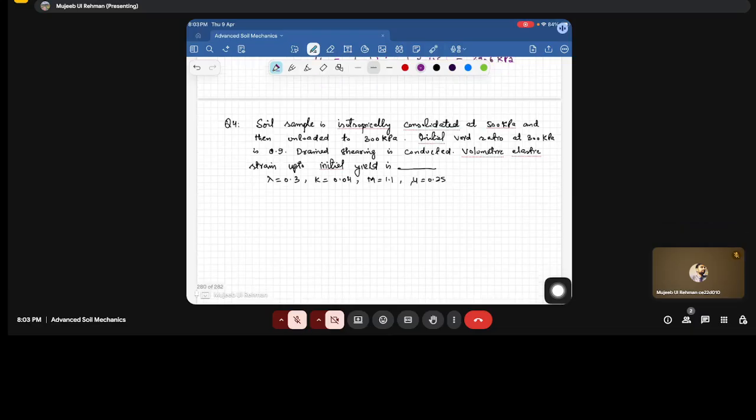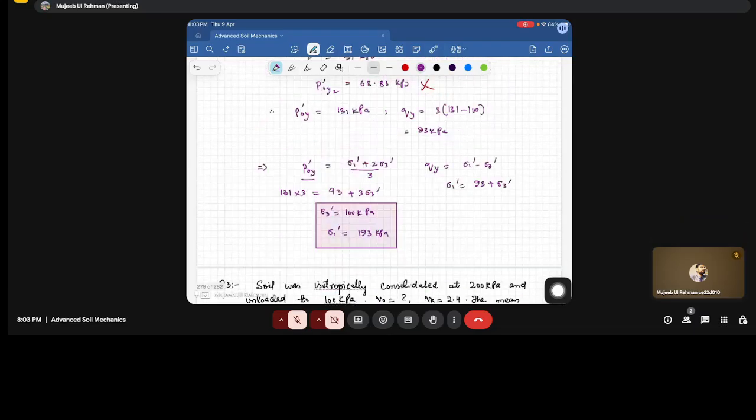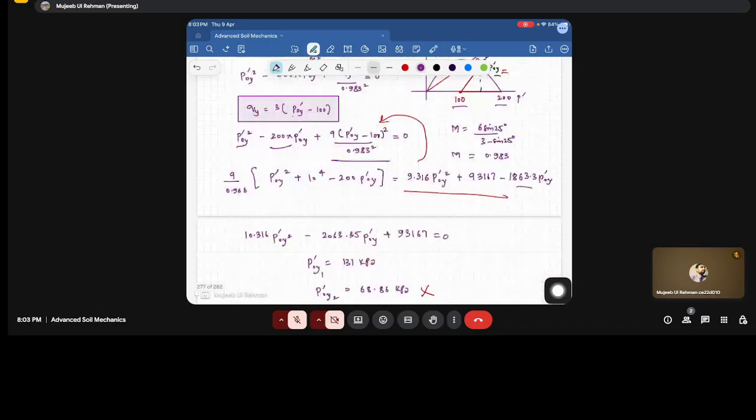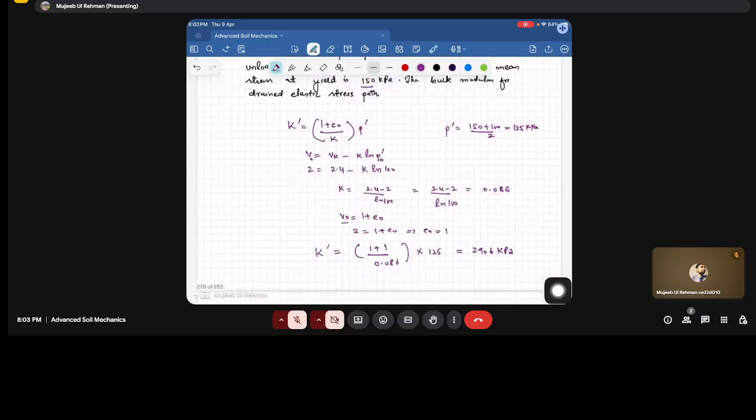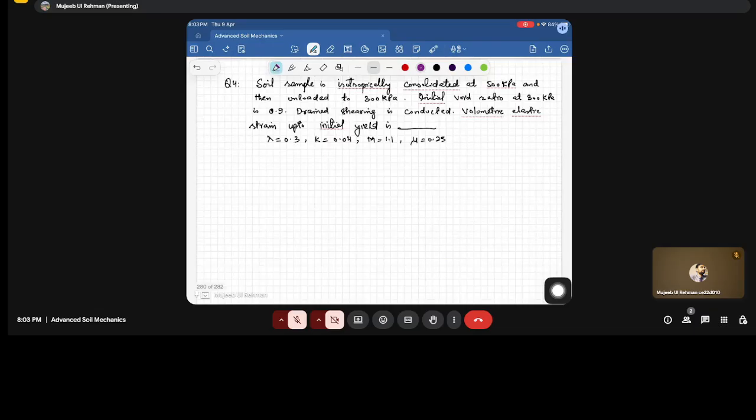Now again, similar to the one we have done here, we need to find the yield stress, and once we get the yield stress, we will use the equation for the elastic strain. It is equal to kappa divided by 1 plus e naught, times ln of Py dash divided by P naught dash.